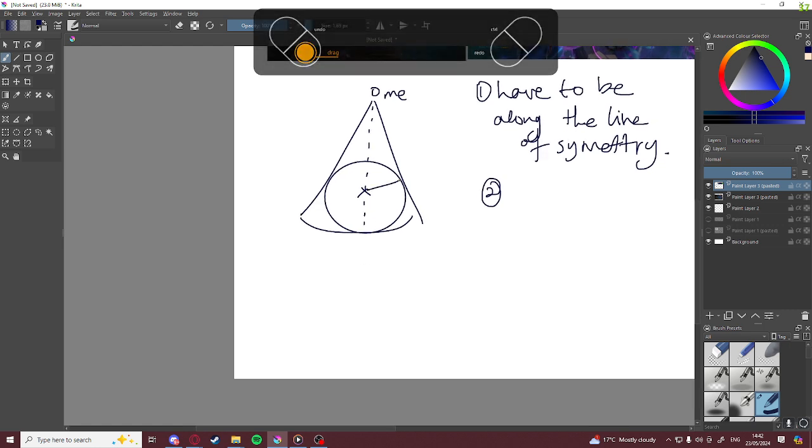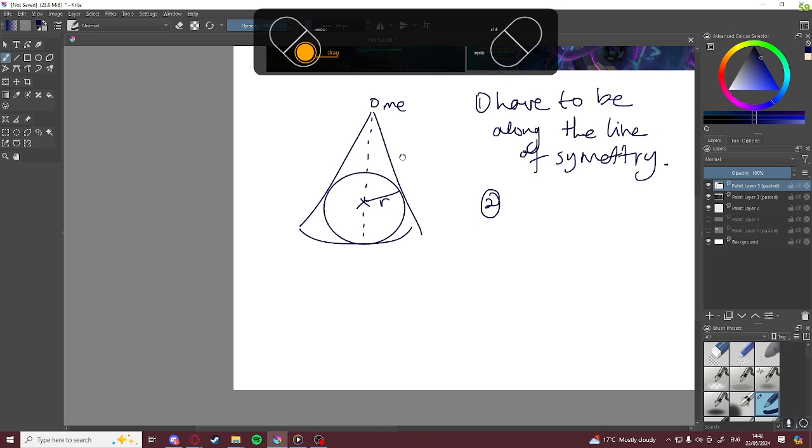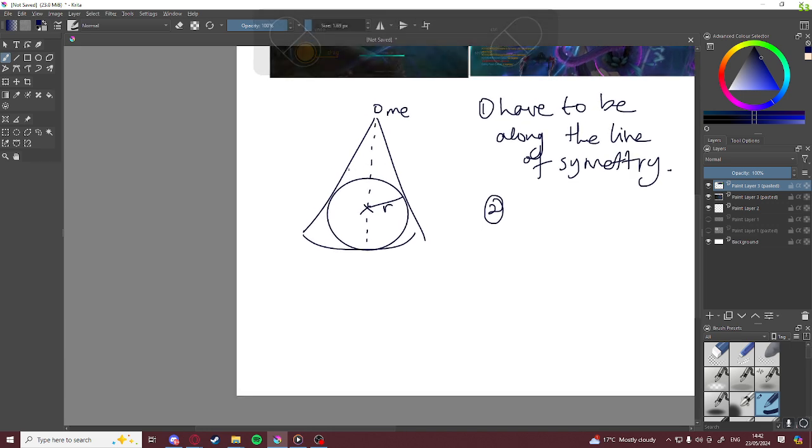So I want to find the radius of that circle, because when I find the radius of that circle, I could work out, if capital R is the range of my line of sight, the distance from the enemy to me as capital R minus small r.